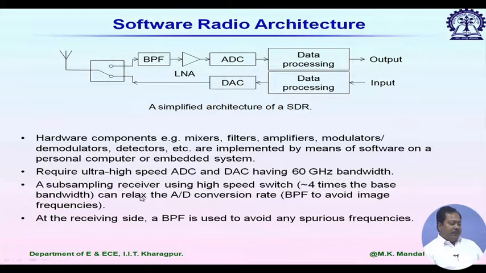But one solution, a subsampling receiver using a high speed switch, can relax the AD conversion rate typically to 4 times the baseband width, but we have to use BPF to avoid image frequencies.